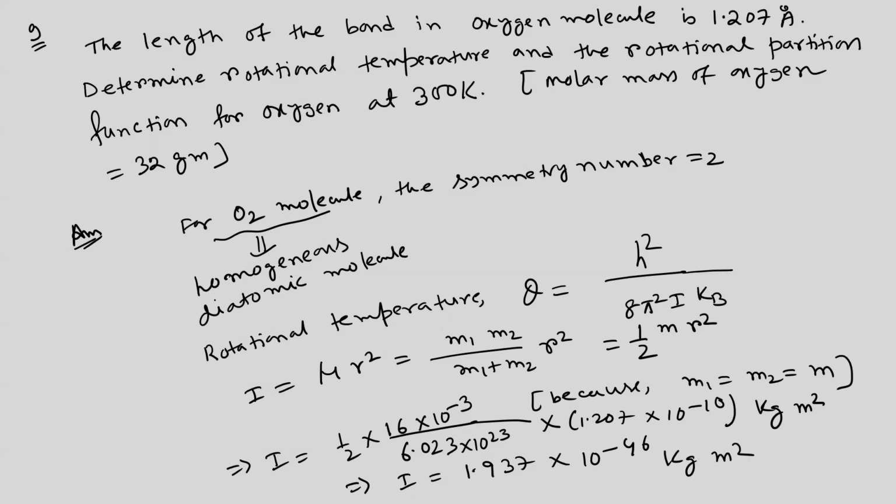Now, we can calculate rotational temperature. So, rotational temperature theta is h squared by 8 pi square I kb.